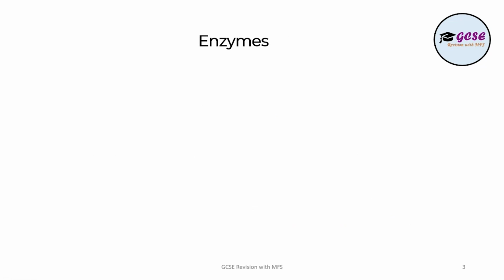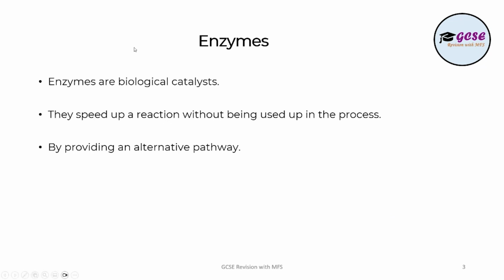Now there are three key points you need to know about enzymes. Now enzymes are biological catalysts. So these are the three points you need to know about enzymes. And then we're going to move on to the lock and key theory. So enzymes are biological catalysts. That's the key phrase there.